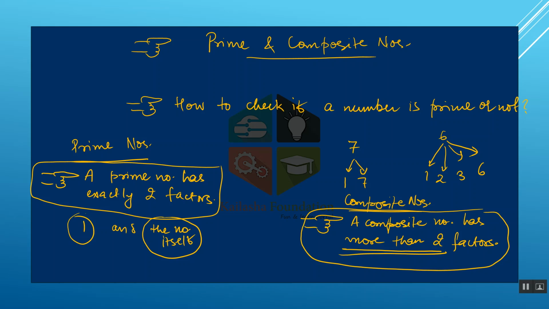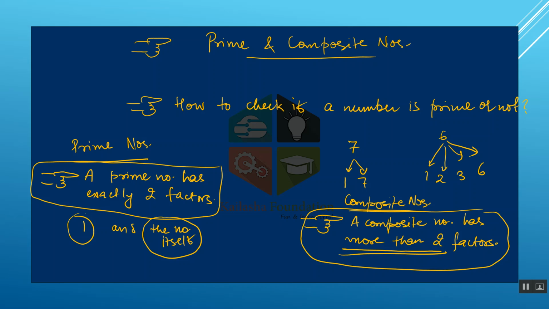So natural numbers, as far as we have studied, we can say are of two types, prime and composite. Is that true? Think of it. Are natural numbers only of two types, prime and composite? Is that true?